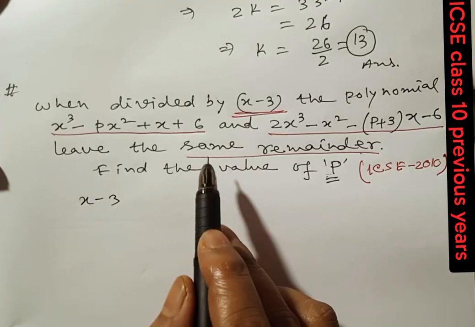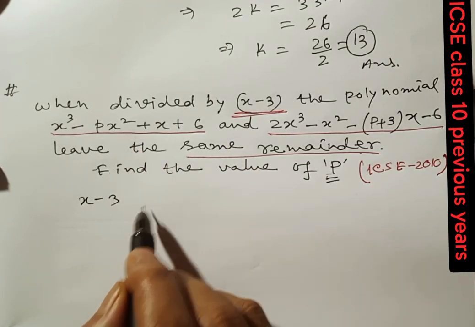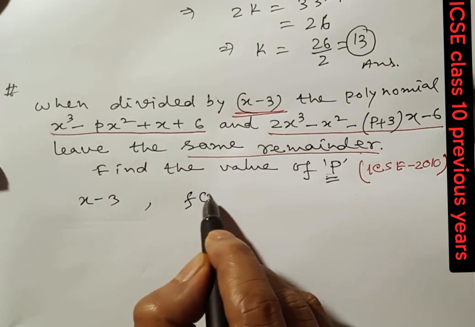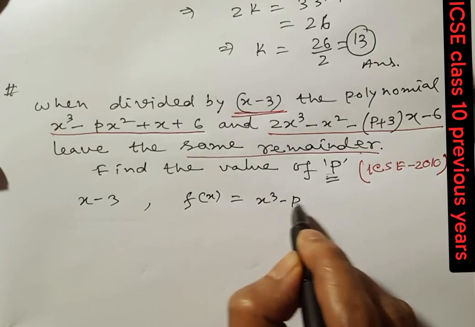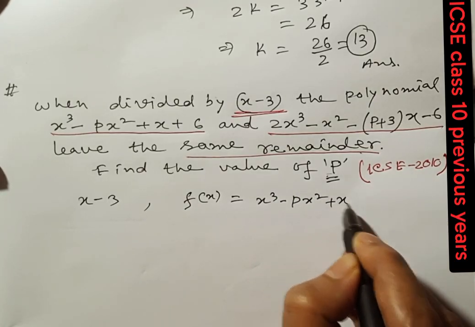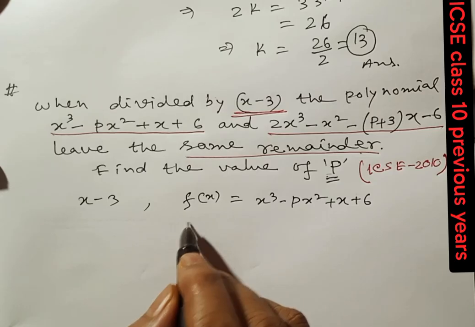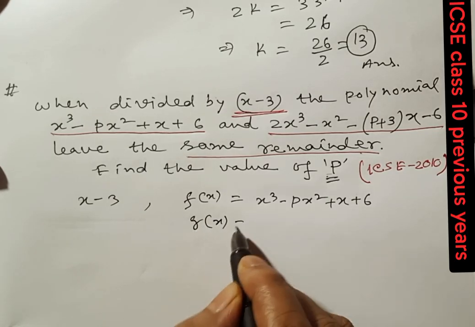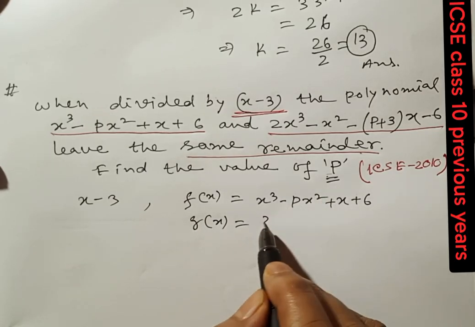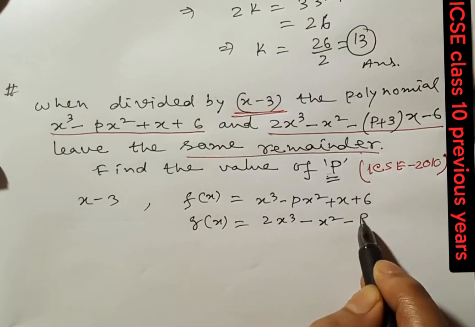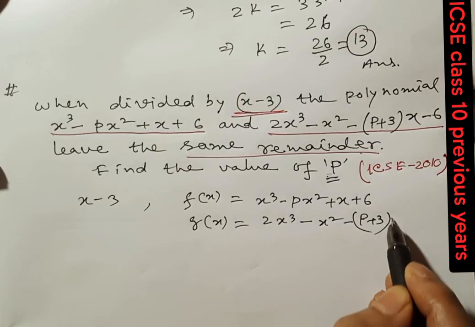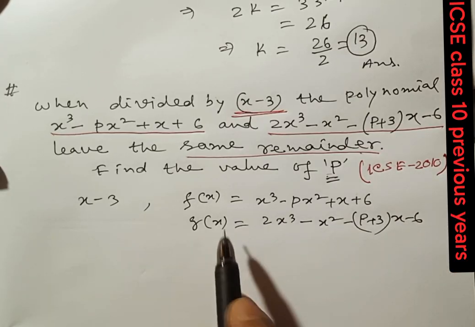Let f(x) equal x cube minus px square plus x plus 6 and let the polynomial g(x) equal 2x cube minus x square minus (p plus 3)x minus 6.